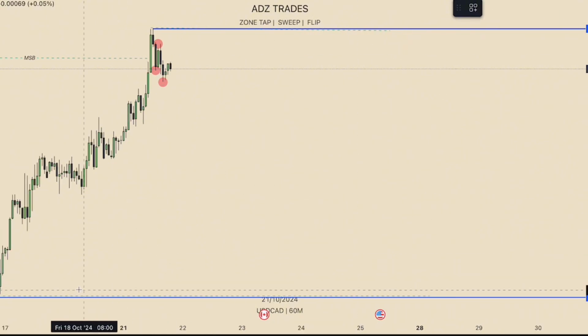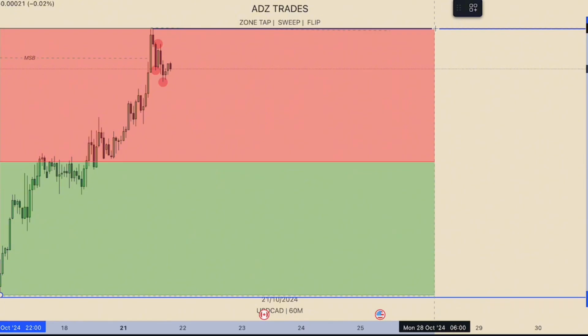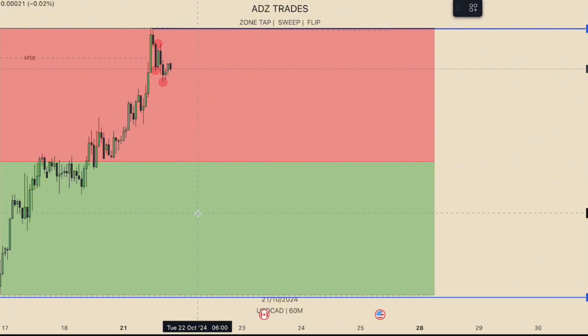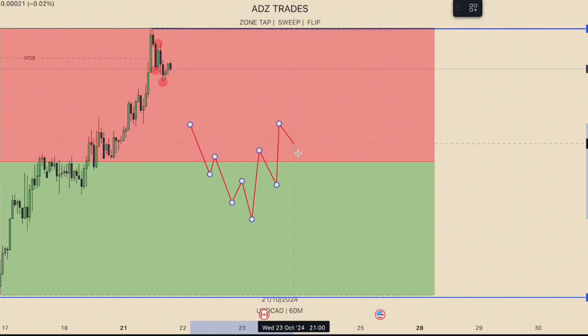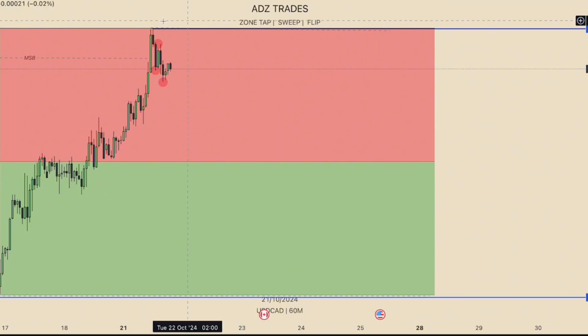So I can look for shorts towards this area of discount. How do I know when this pullback is over and price will continue with the trend? Well, simple. This 5 minute time frame will now switch back to bullish, indicating to me that this hourly time frame is done with the pullback.